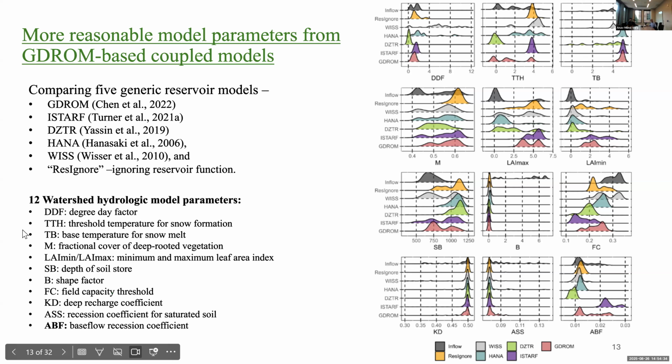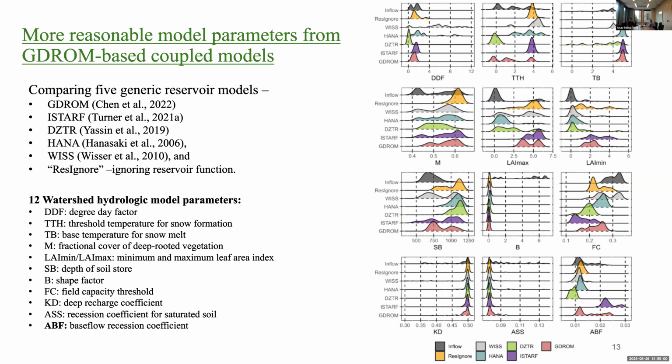If you're interested, I listed all these 12 parameters here. For each parameter, we provide not a single value but a range of parameter values, with each of the reservoir modules.